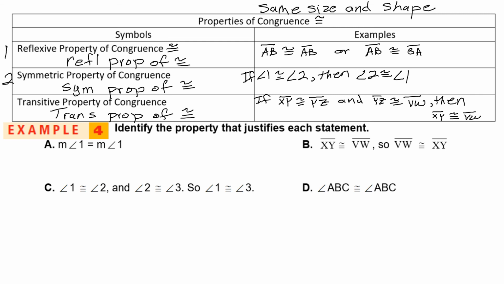Okay, again, notice that there are three congruent signs and that segment YZ was the same between those two sets of segments. So that's why we put segment XY congruent to segment VW.